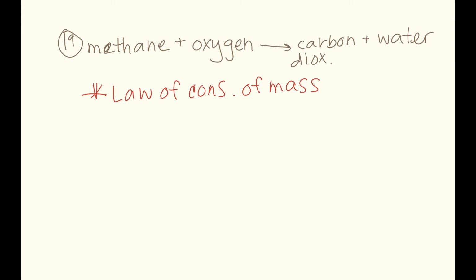So it says if you produce 18 grams of water, over here I put 18 grams of water, from 8 grams of methane, so over here I have 8 grams of methane, and 32 grams of oxygen.